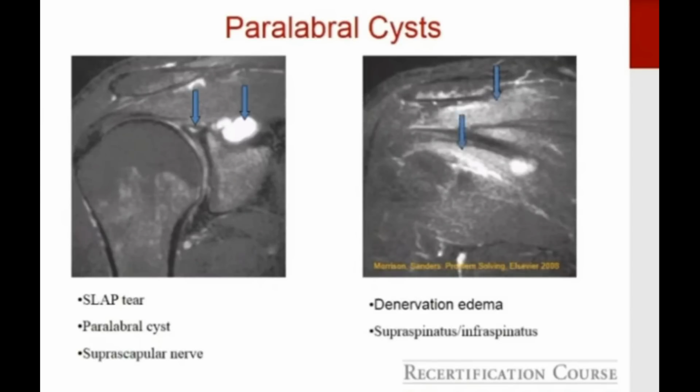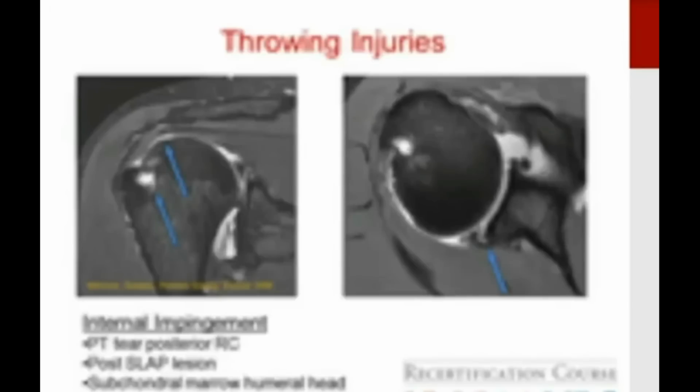And this represents a suprascapular nerve entrapment with neurogenic edema within the supraspinatus and infraspinatus muscles, secondary to the entrapment of the nerve caused by this paralabral cyst. This is an acute case of denervation muscle edema. In the more chronic cases, we'll see fatty atrophy rather than the edema.